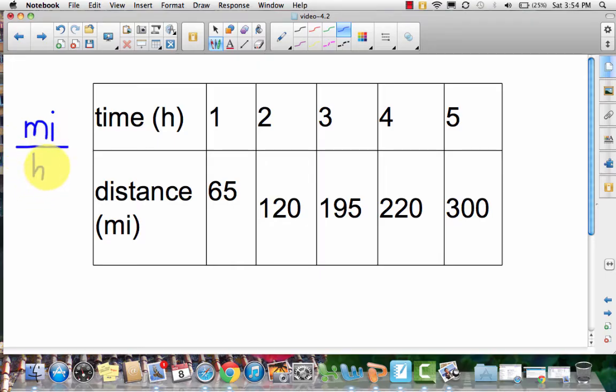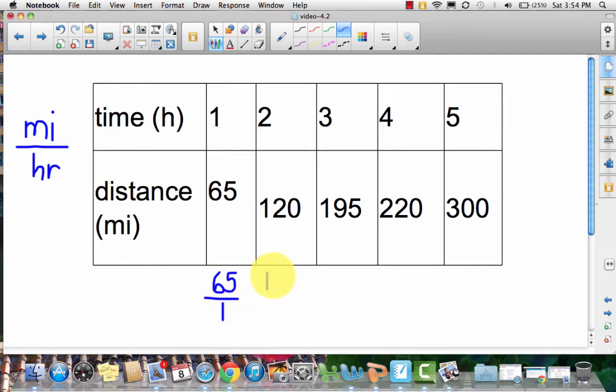And similar to our previous problem, I will set up a rate or a ratio for each of the entries in the table. So miles per hour, so 65 over 1, 120 over 2, 195 over 3, and so forth. 65 over 1 is already a simplified unit rate, so I don't have to do any work with it because I already have that 1 in the denominator.